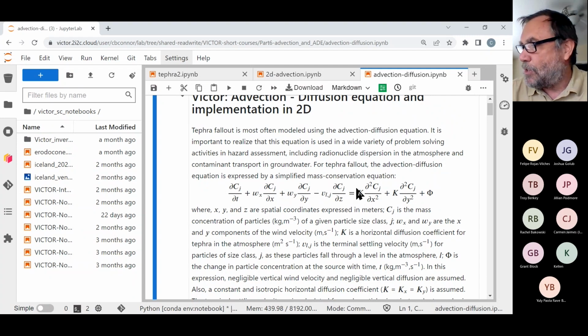And then there's this diffusion term. And in all tephra models, this diffusion term, K in this case, has two meanings. One is that particles diffuse in the atmosphere. You start with a bunch of particles and you release them in a sort of billiard ball type shape, and you drop them down an elevator shaft where there's no wind.